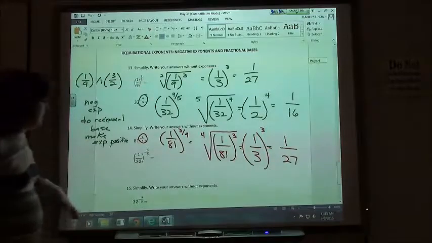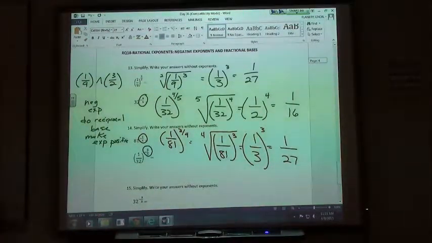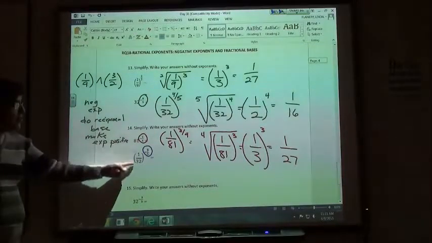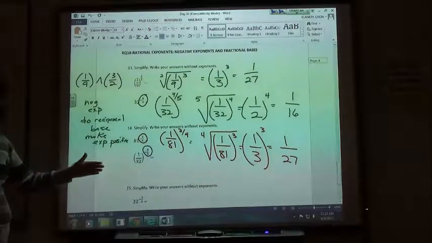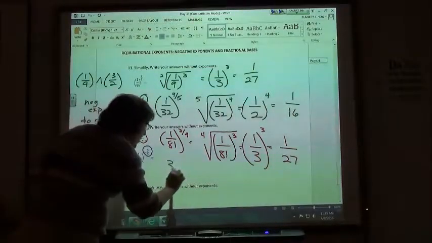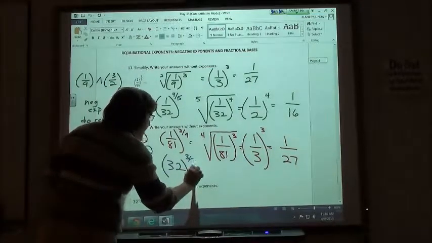The second part of this, again, has a negative exponent. Since my exponent is negative, I've got to do the reciprocal of my base. The reciprocal of 1/32 is 32/1, or just 32. So I'm going to do 32 to the 3/5 power.